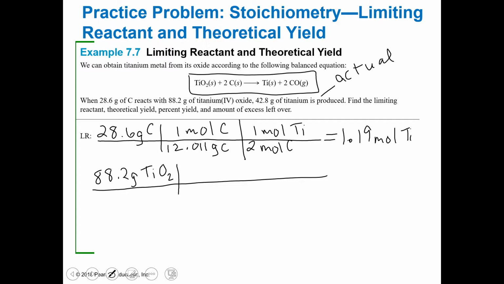I'm just going to quickly add the molar mass of that up by just looking at my periodic table and saying 47.90 plus 15.9954 plus 15.9954, and that is a molar mass of 79.8908 grams. Now I'm going to do my mole to mole ratio that I get right from the balanced chemical reaction. It is a 1-to-1.